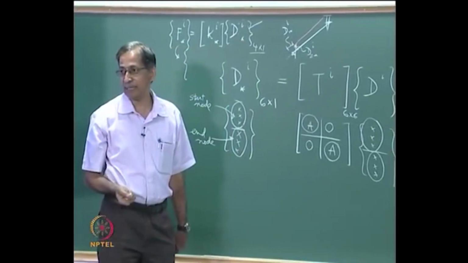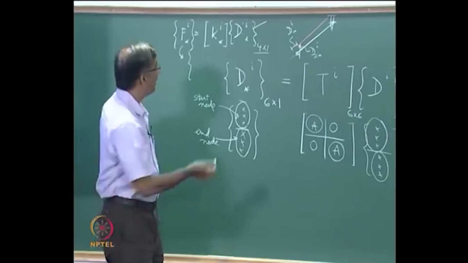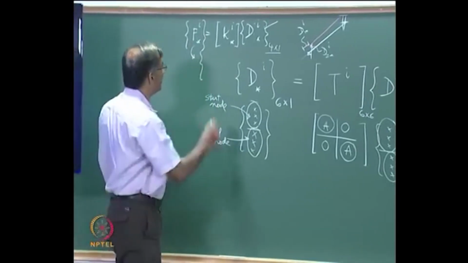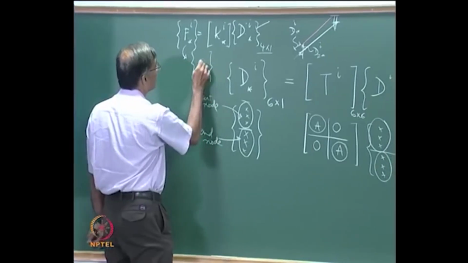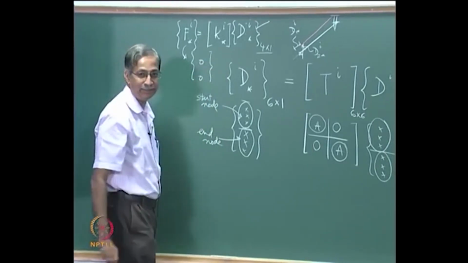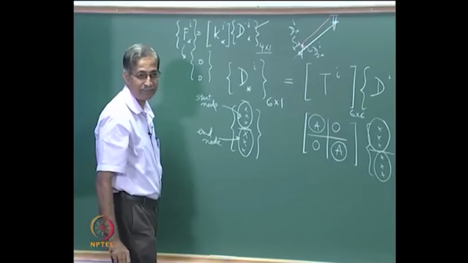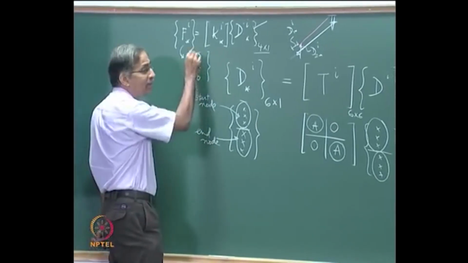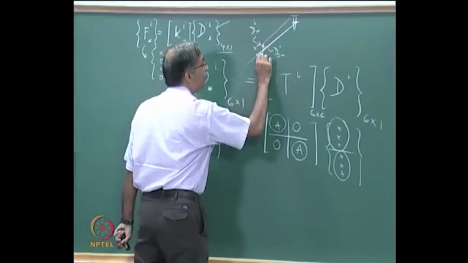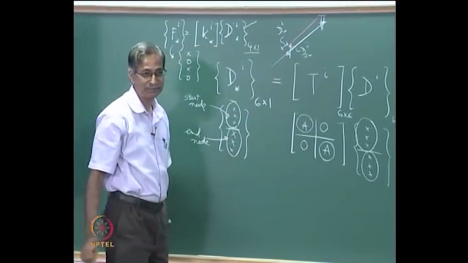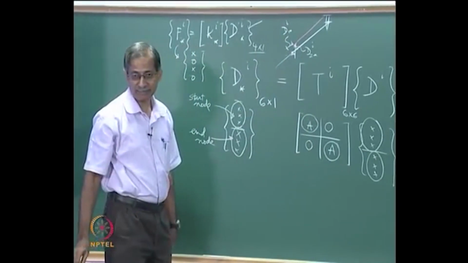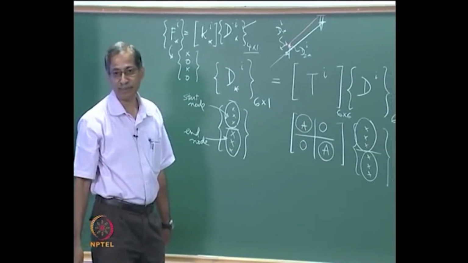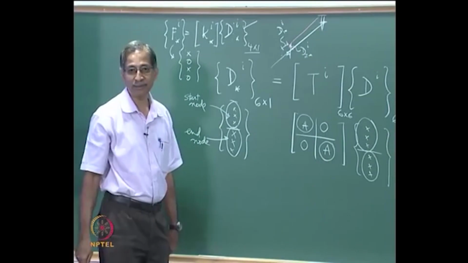That's why we call them degrees of freedom. But these are not independent in the sense of the 4 values, the second will be 0, the fourth will be 0. And even worse, these two are not truly independent because the resultant of them must be aligned along this direction. Is it clear? So we will see it is related to the rank of the matrix. What is the rank of the stiffness matrix?